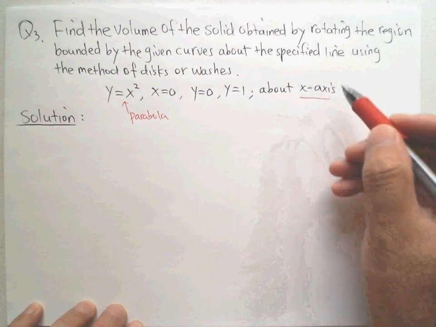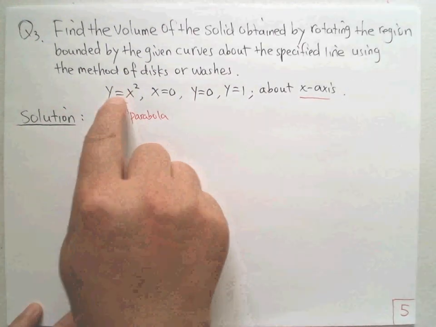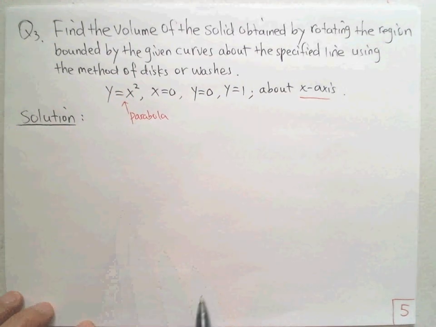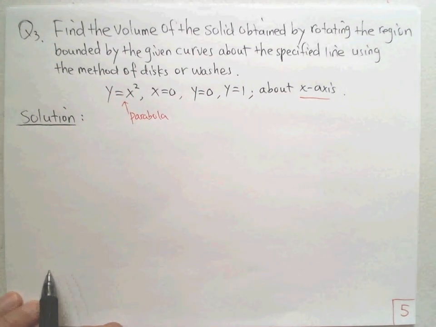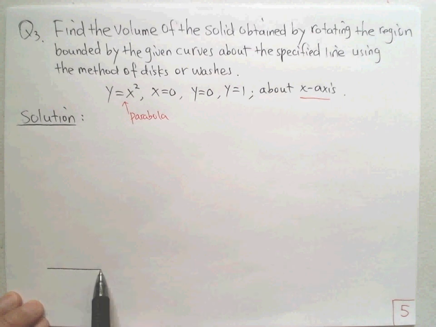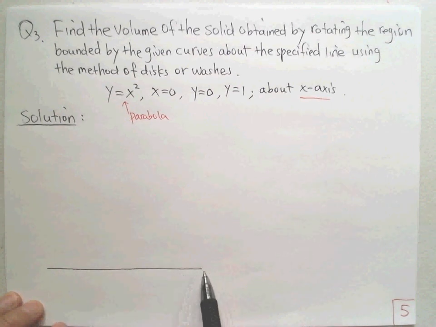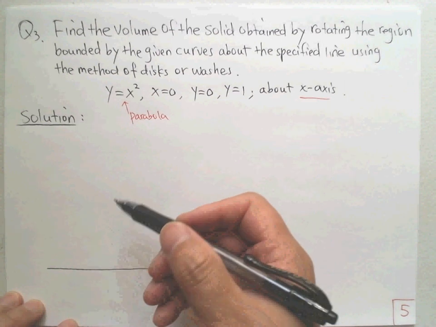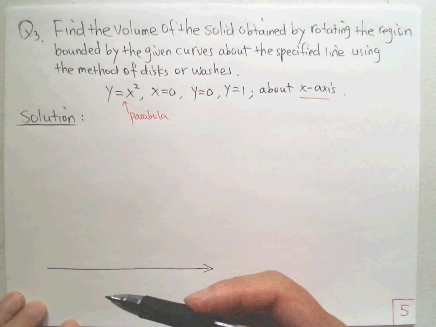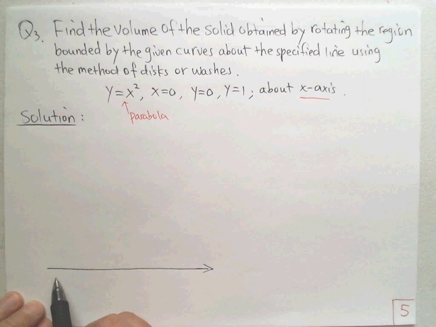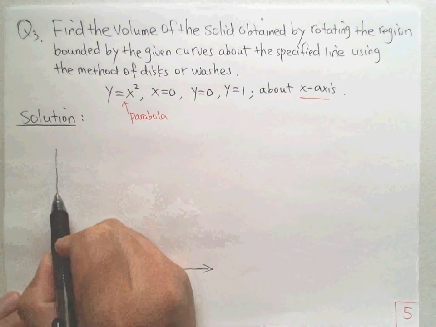This is the straight line, and this is rotated about x. The same function, right? And now I'm going to draw the curve first. I will draw the region first, and then going to rotate it. We will find something.